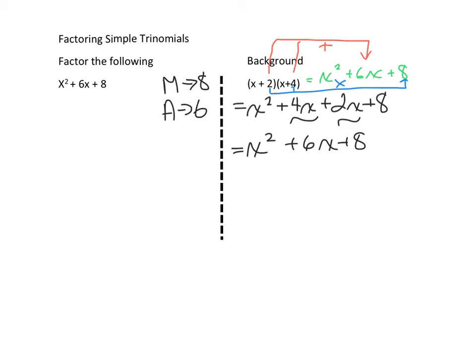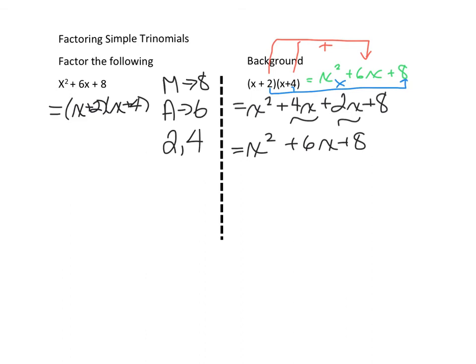The magic pair of numbers is unique. The only two numbers that multiply to 8 and add to 6 are 2 and 4. When we factor it, we just write it out: x, x, and then the two numbers you found go in the two spots, plus 2 and plus 4. And that's how you factor it.